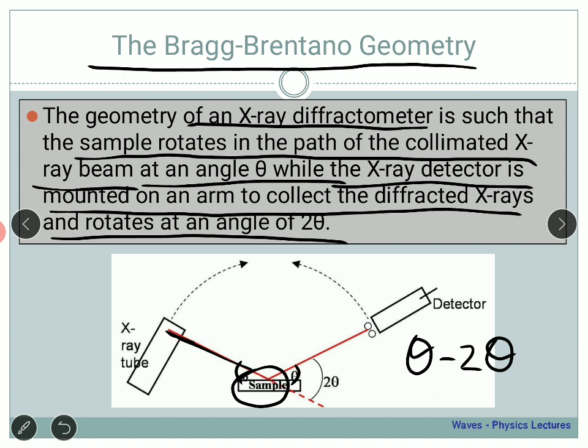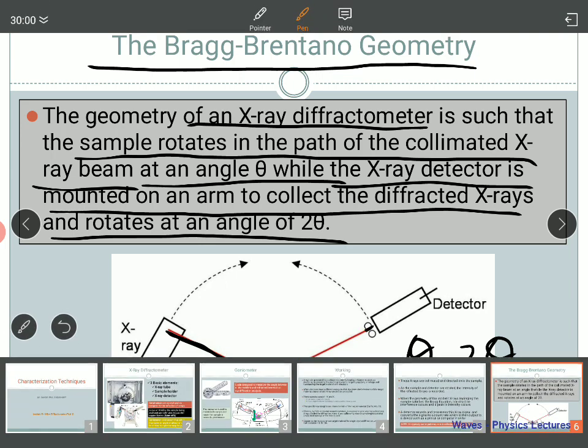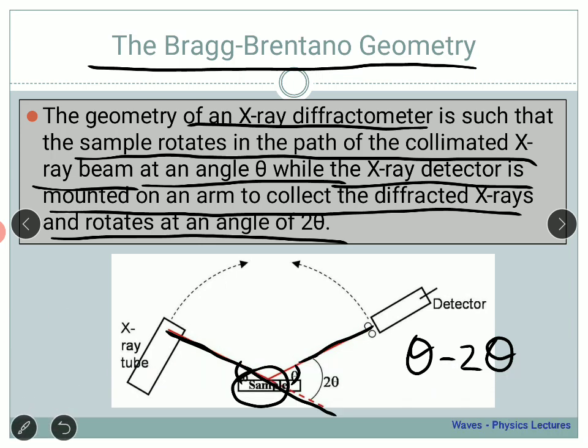So if this is the direction of the incident X-ray beam, and this is the direction of the detector, the arrangement is made in such a way that this angle will be 2 theta. That means the sample is rotating at an angle of theta with respect to the X-ray tube, and the detector is rotating at an angle of 2 theta with respect to the X-ray that is coming from the X-ray tube. That's as simple as that.